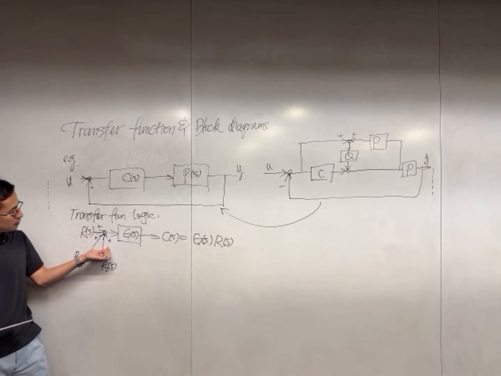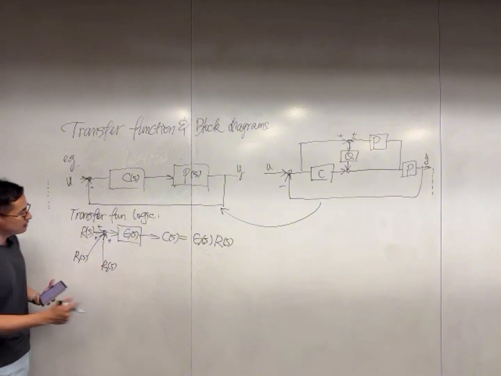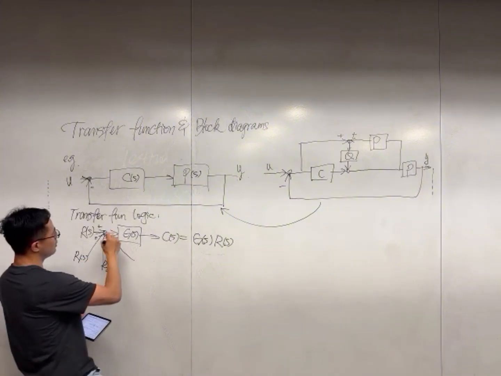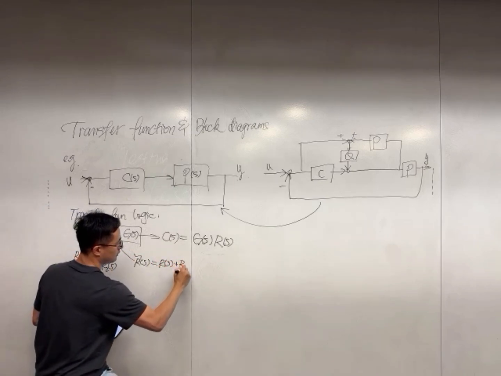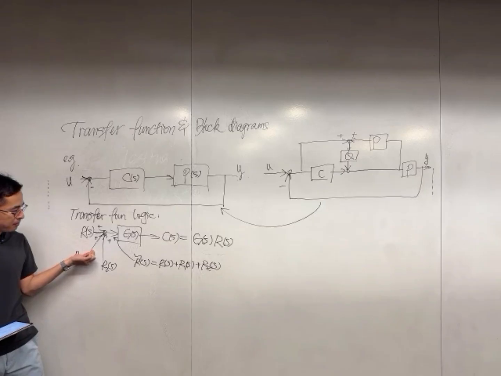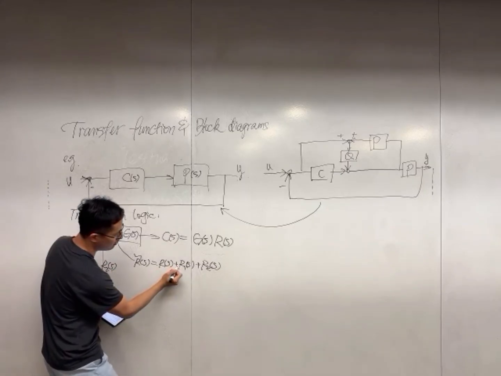We will use the notation plus or minus to indicate the signs of these signals going into the summing junction. So what I mean by writing it this way is that this signal, let's call this R tilde, is R(s) plus whatever goes into the summing junction. And if there's a minus sign in any of these, it's going to become minus.